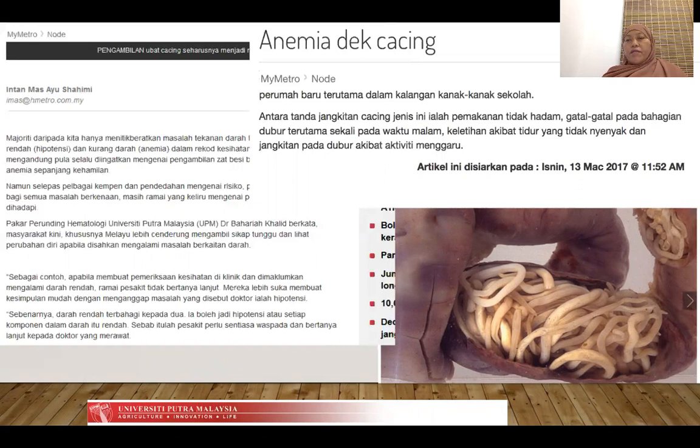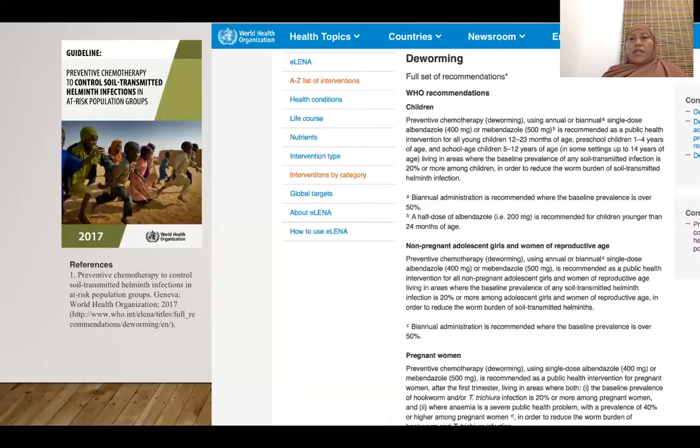Incidentally, after this article was published, WHO also set up recommendations within 2017 as well, guided by preventive chemotherapy to control soil-transmitted helminth infections in at-risk population groups. And the recommendations were to deworm patients in a scheduled manner in children, non-pregnant adolescent girls, and women of reproductive age, and definitely in pregnant women.